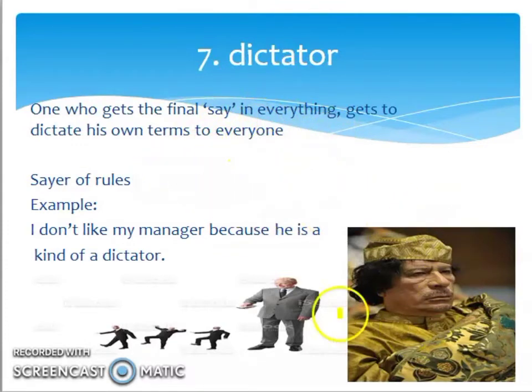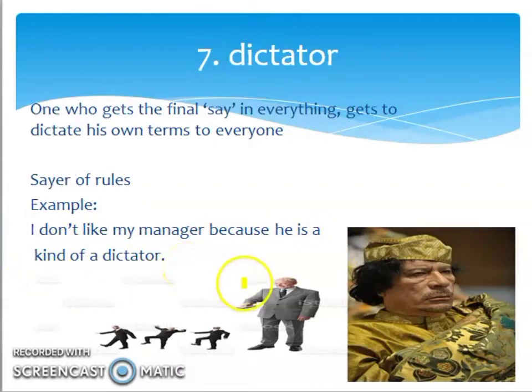So, can you look at the images and figure out what sense it makes to you, right? So, the example, I don't like my manager because he's kind of a dictator.